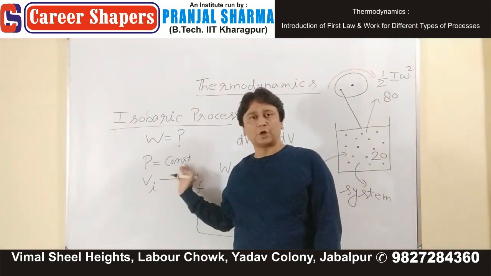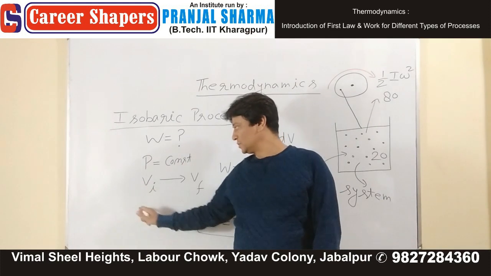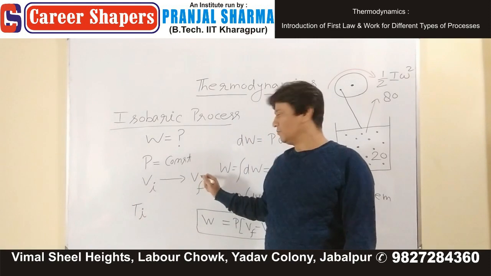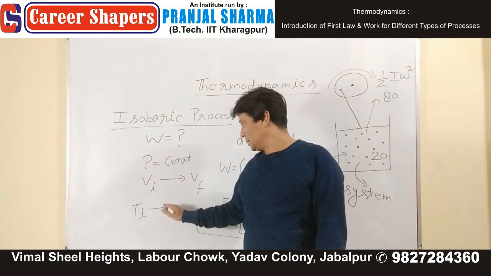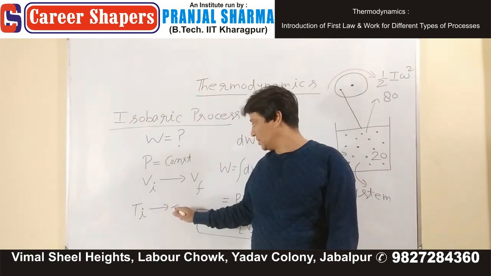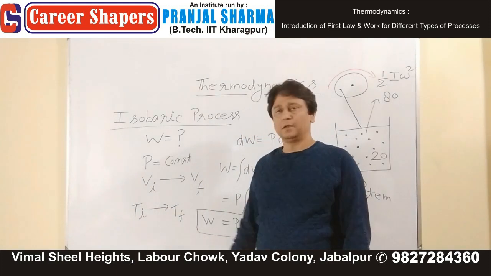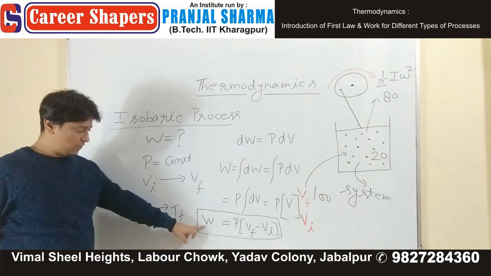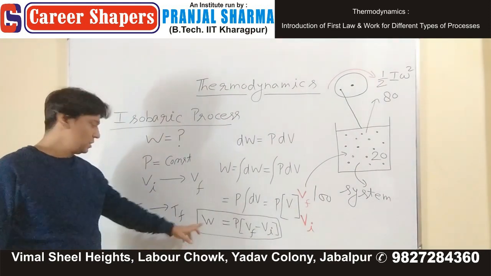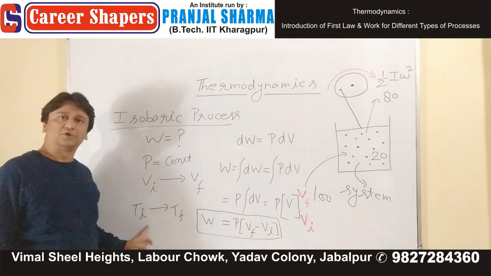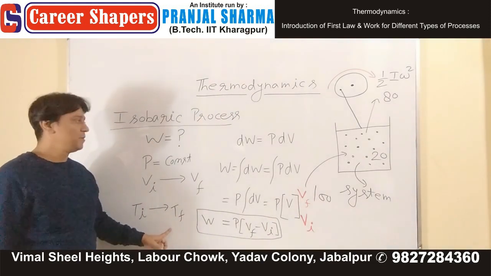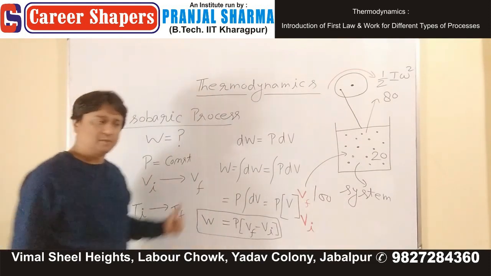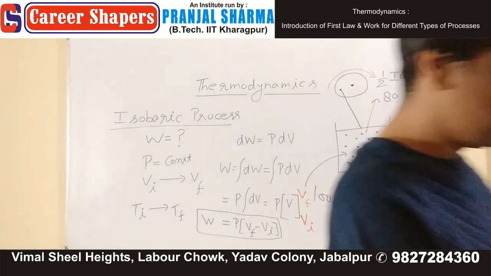Its pressure is constant, but when volume was V initial, temperature was T initial. When volume is V final, temperature changes and becomes T final. So who is going to answer this work now in terms of temperature? Write down in the comment box, work done in isobaric process in terms of T initial and T final.